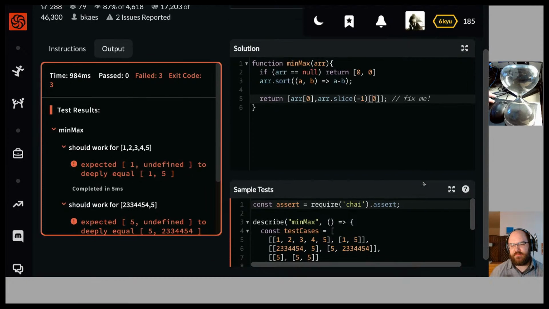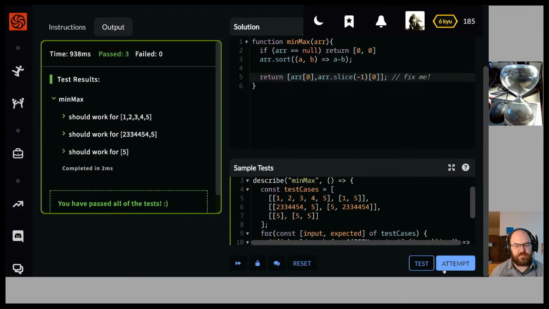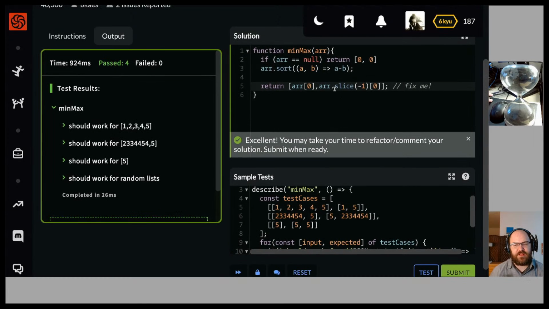This can't be right. There's got to be a better way than having to do a slice and then take the 0 element.